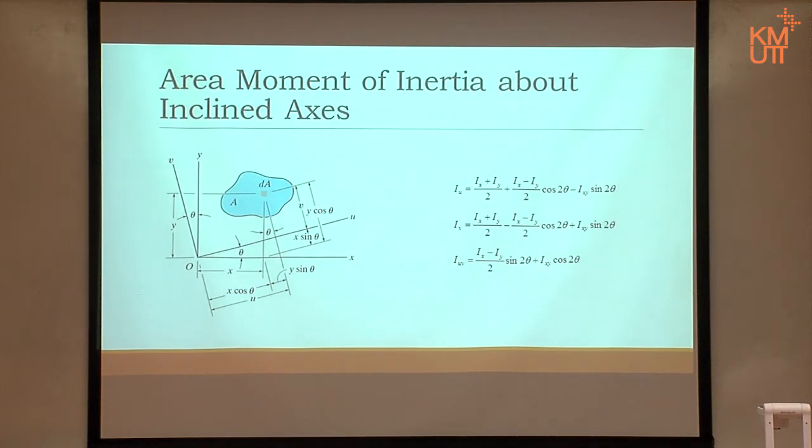In this case, it means that IU, IV, and IUV must have a maximum and a minimum value. But that maximum and minimum value doesn't change with x or y, it only changes with theta.